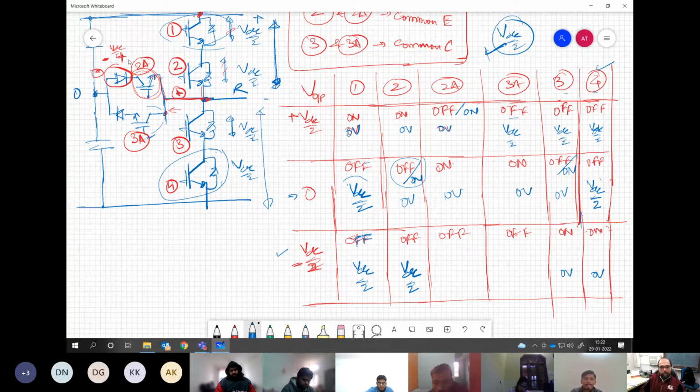Now, what is the requirement for blocking in this middle section? VDC by 2. And what is the polarity? Now, this is at negative and this is at positive. You understand my point? Then can this device block that voltage, 3A? No, sir. Which device will block that? Diode.